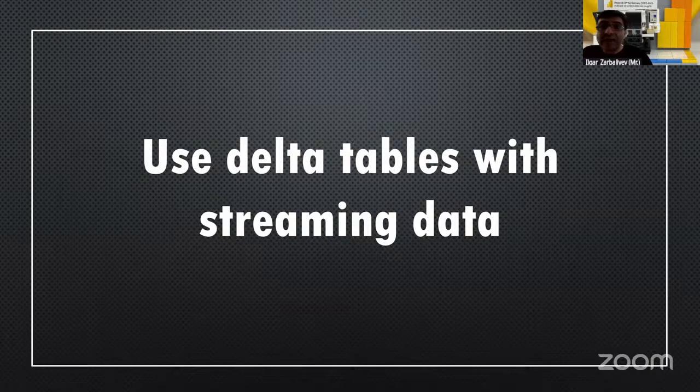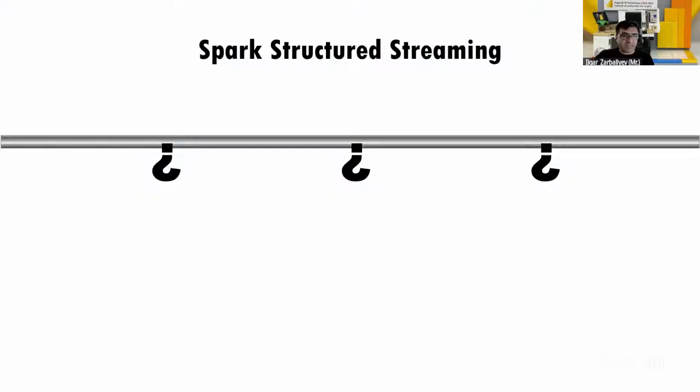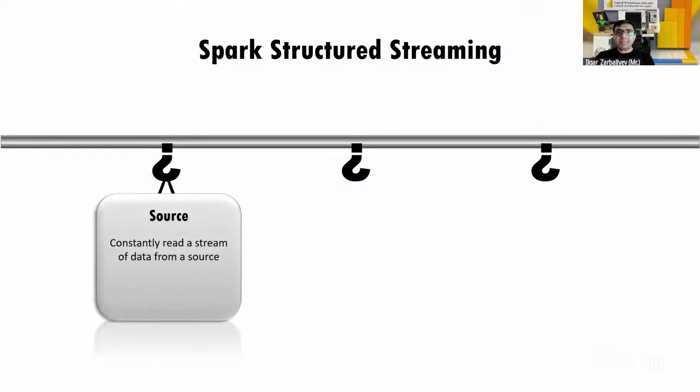Everything we have explored so far has been static data in files. Let's finish by looking at what happens when the data doesn't stop arriving. Many data analytics scenarios involve streaming data that must be processed in near real time.